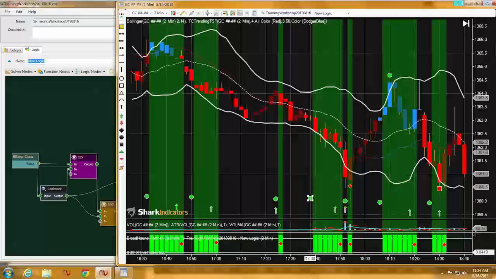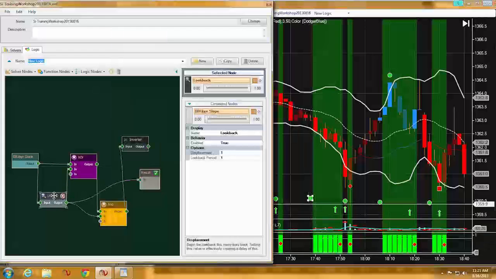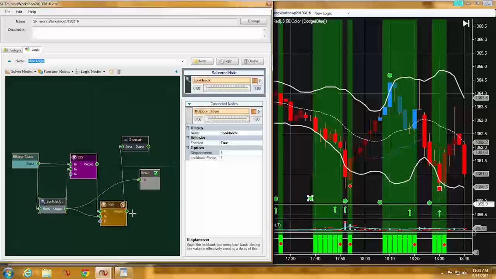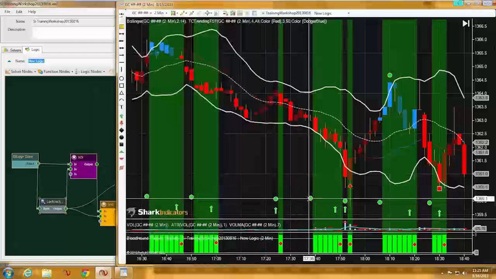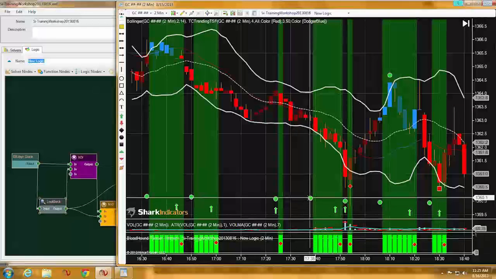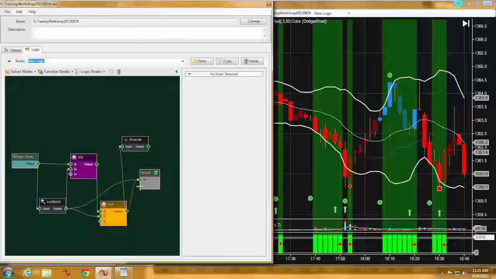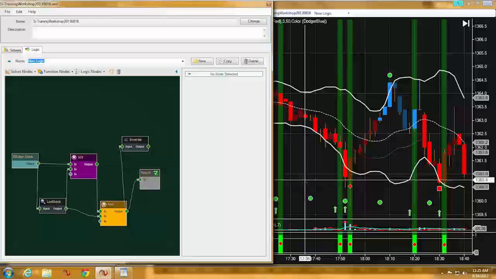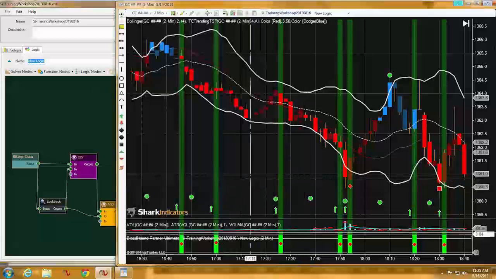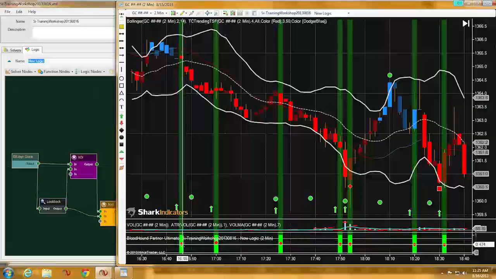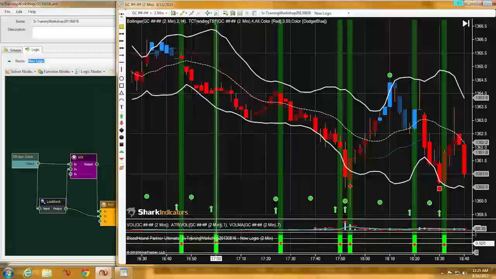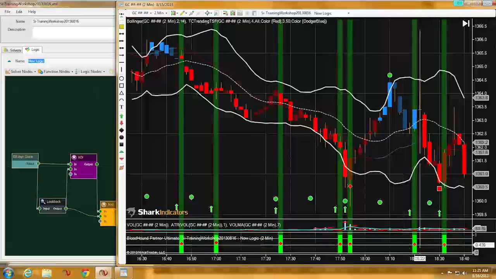Because there is no signal from the lookback, and we have the lookback going into the AND node, there's nothing coming out of the lookback, and that's what eliminated the signal on this bar. And so that's how we got the exit signals on the correct location here.